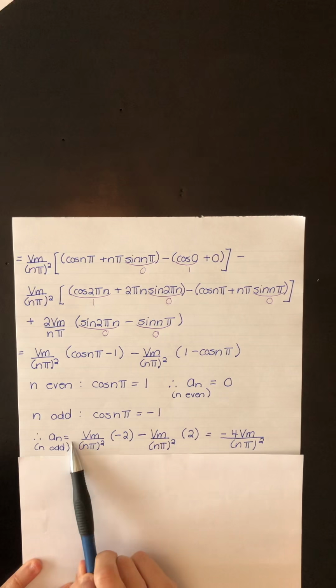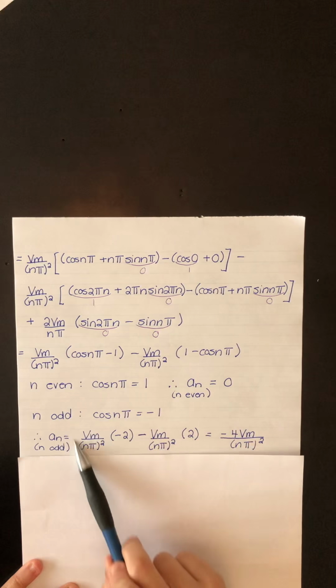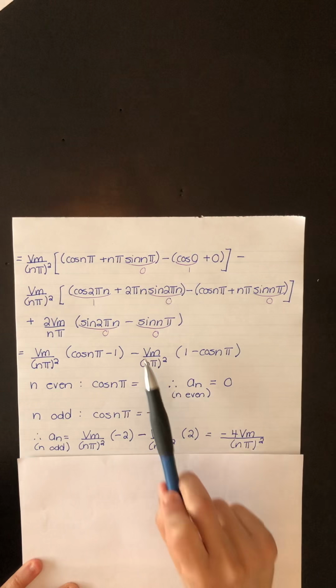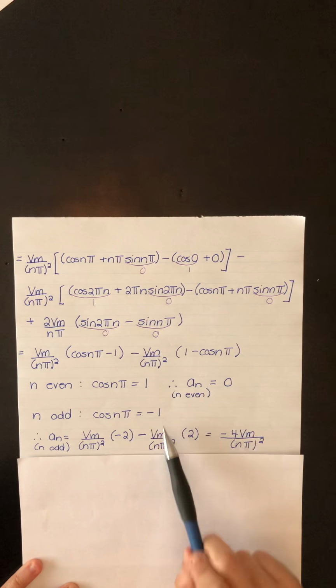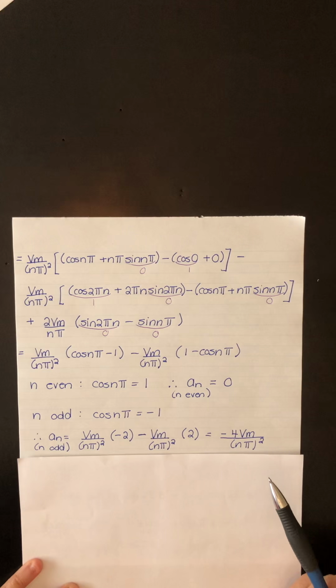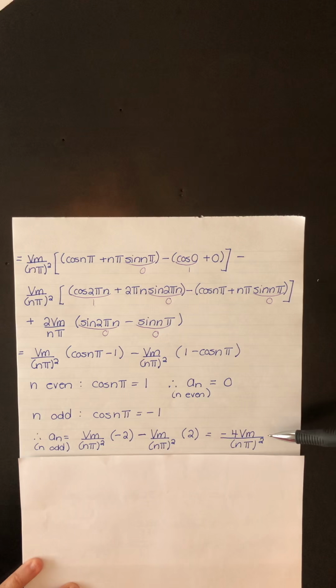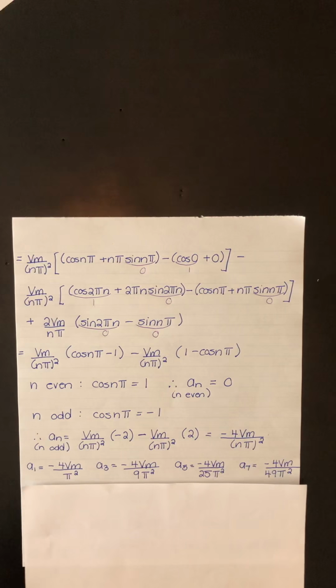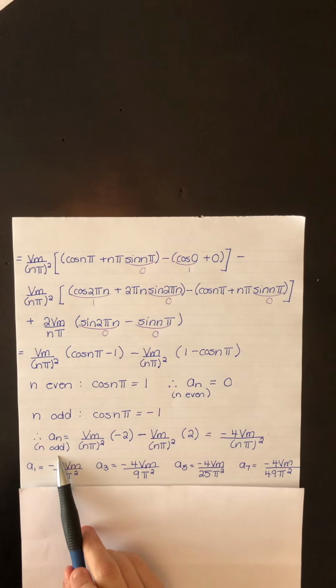So an would be this times negative 2 minus this times positive 2. In other words, we will get this as our coefficient, negative 4 Vmax over n pi squared. That's when n is odd, remember?